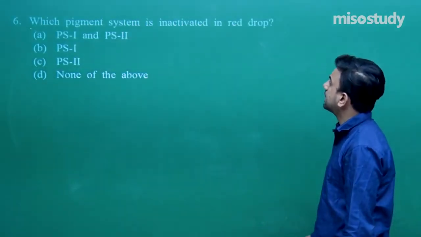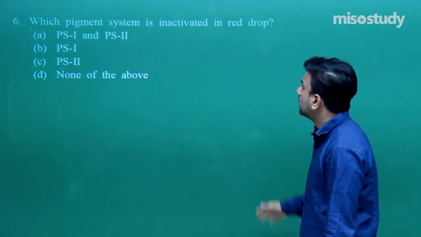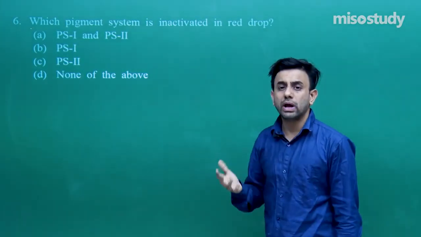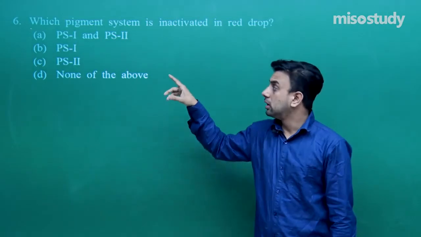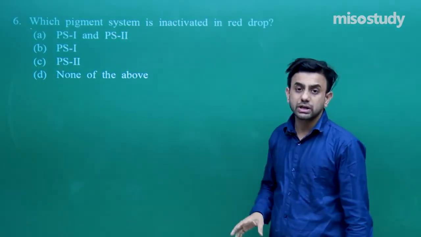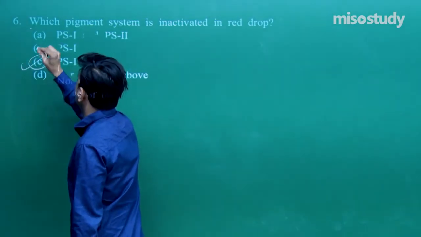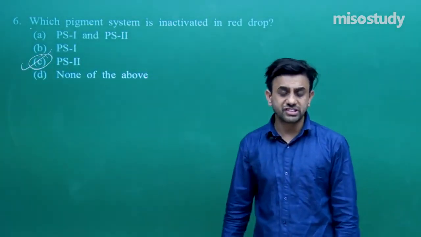Which pigment system is inactivated in the red drop? Now what is red drop? We see that PS2 is inactivated in the red drop. PS2 is photosystem 2, which is 680 nanometer.